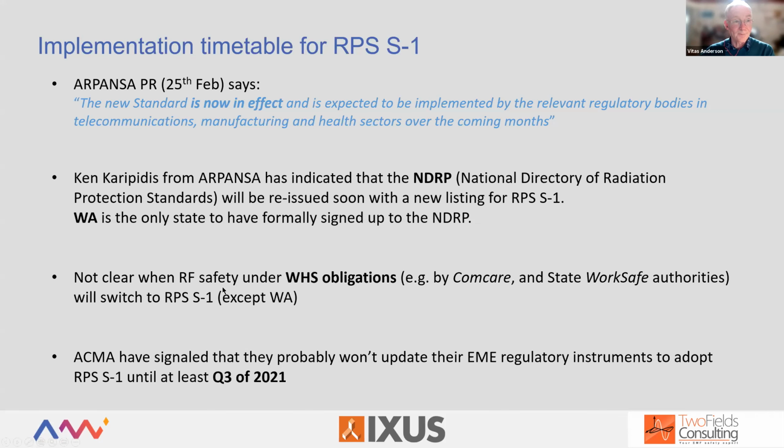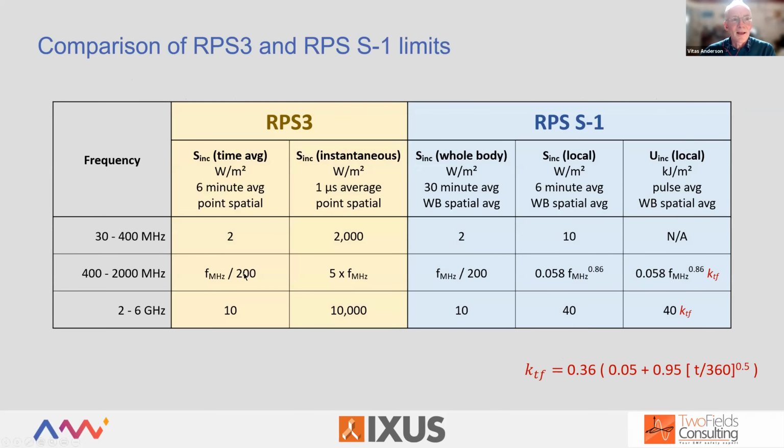Compliance limits. So let's have a look at the differences between the new RPS S-1 and the old RPS 3. I've presented a table here, with the old RPS 3 reference level limits for power flux density in yellow, and the new RPS S-1's in blue.